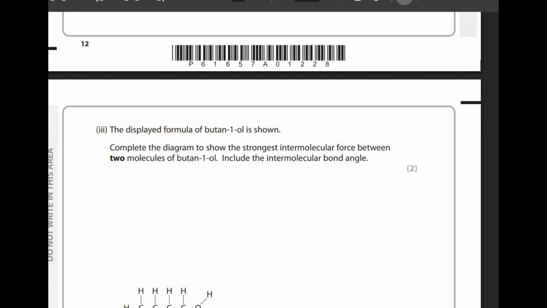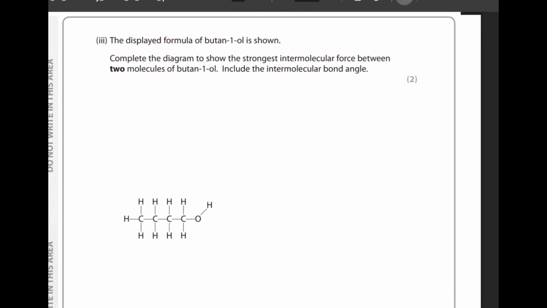Now complete the diagram to show the strongest intermolecular forces between two molecules of butane 1-ol. Include the intermolecular bond angle. Okay, in between the two molecules of butane 1-ol, the strongest intermolecular forces will be hydrogen bond due to the presence of OH group.